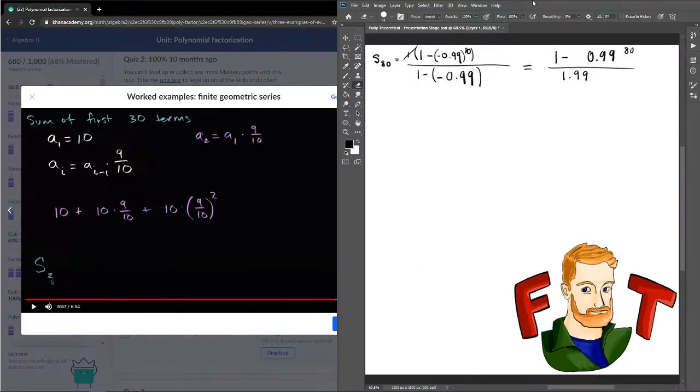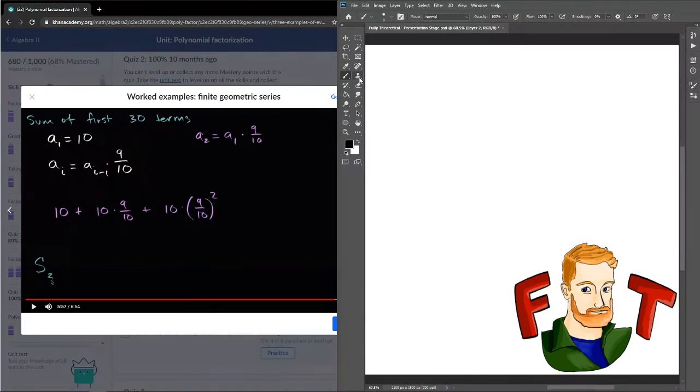Okay, so let's see if we can figure this out. First off, let me just get this cleared off here. Beautiful. Okay, so we want S. Let's see if I can write neatly-ish.